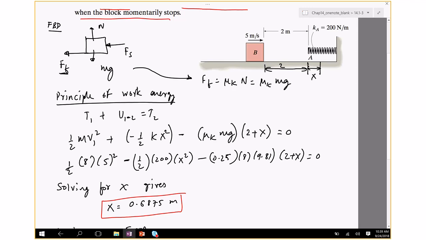Solve for the velocity when the block reaches A. And then you'll have another set of equations. You have to use F equals ma again, but this time there'll be two forces, that due to the spring and the friction force. And then integrate from A all the way to full compression. So you'll have to solve this problem in parts if you're doing F equals ma, but if you do it using work energy, it's one single equation.